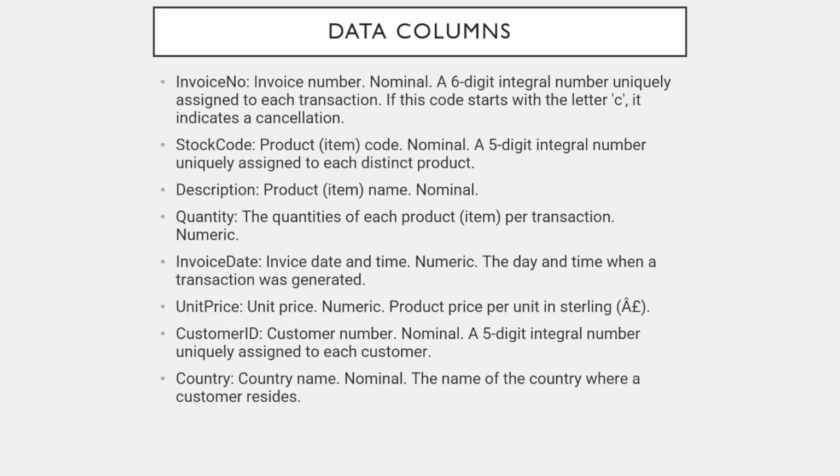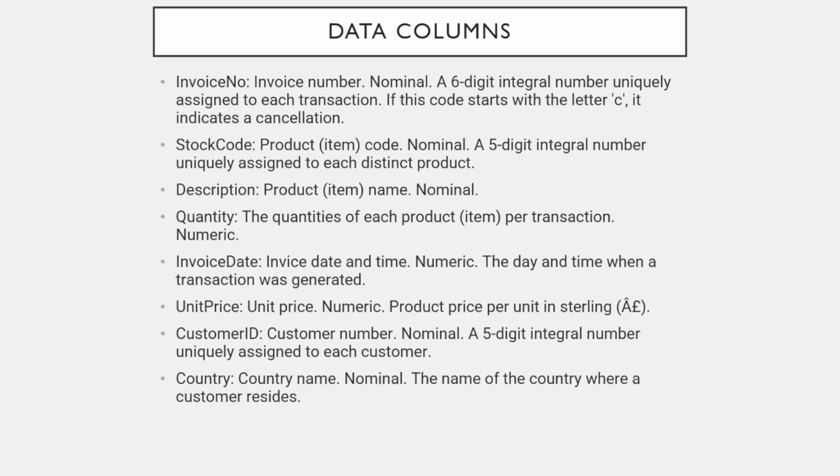The stock code is a 5-digit number uniquely assigned to each distinct product, and description is just the product name. Quantity is the quantity of each product per transaction, and invoice date is the date and time on which the transaction was generated.